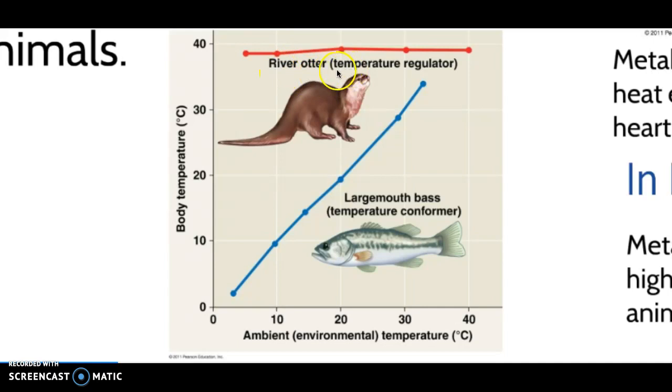The river otter is a temperature regulator, so as you can see, the body temperature stays about the same even if the environmental temperature changes. However, for a fish, as the environmental temperature rises, the body temperature of the fish also rises with the environment. And we'll talk about what are some pros and cons for having these two types of thermal regulation strategies.